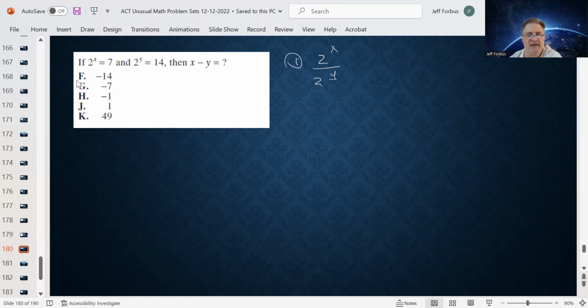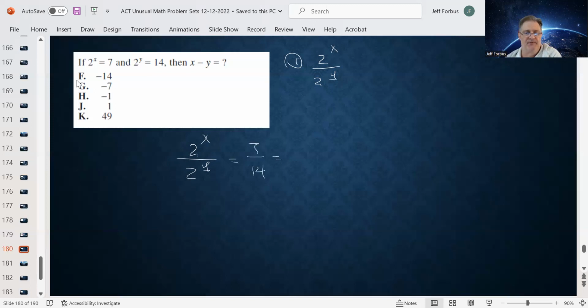That's the first realization. Now, let's carry it out further. I'm going to move my explanation down just a little to right here. It's going to be a long explanation. So 2^x to 2^y, that's the same thing as saying 7 over 14.